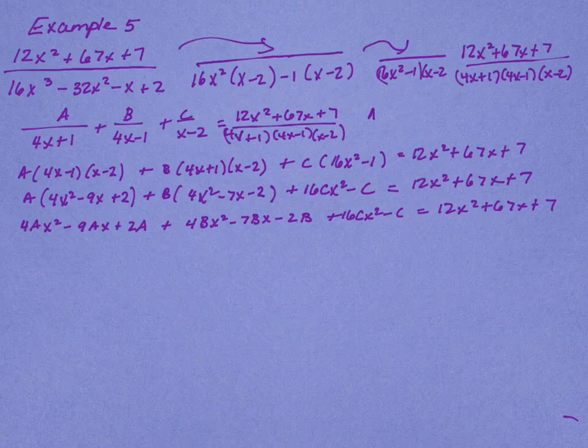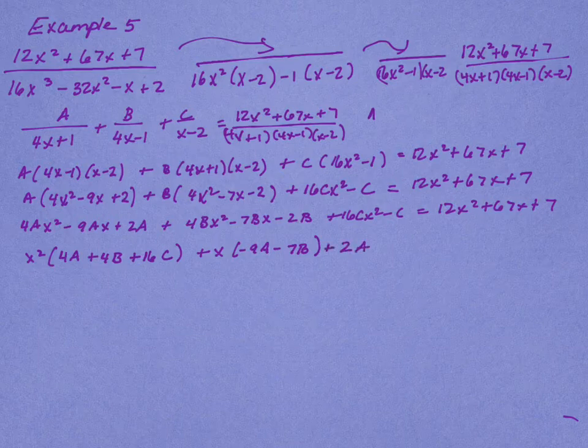Okay, let's get my x squared out. I have a 4A plus a 4B, and I have a 16C. Let's get my x out. I have a negative 9A and a negative 7B and nothing else. And our constants, I have a 2A and a minus 2B minus C. And that's equal to 12x squared plus 67x plus 7 again.